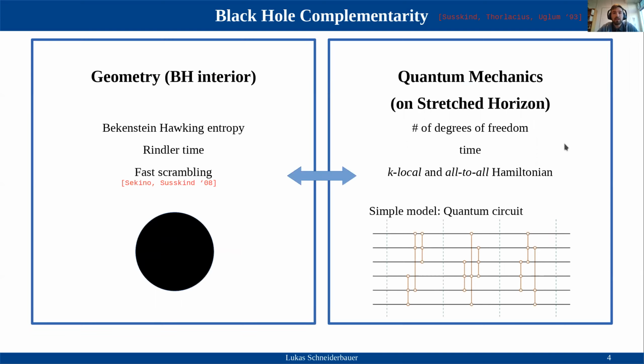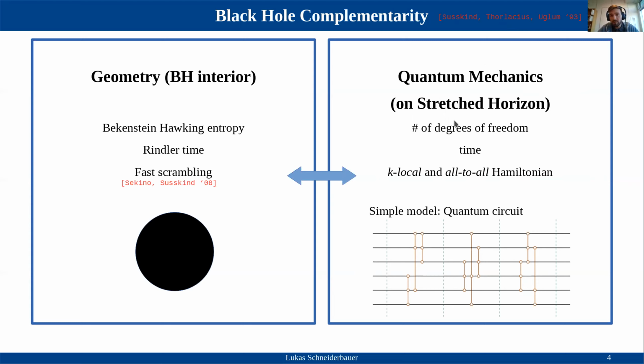Now let me mention black hole complementarity, which was introduced in the original paper in '93 by Susskind, Thorlacius, and Uglum. Black hole complementarity states that the dynamics of the interior of the black hole, for an outside faraway observer, can be equally well described by a quantum mechanical system which is thought to live on the stretched horizon.